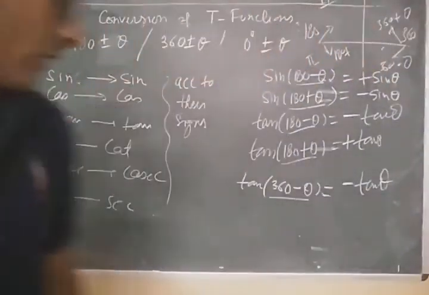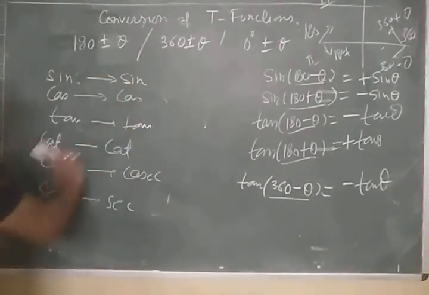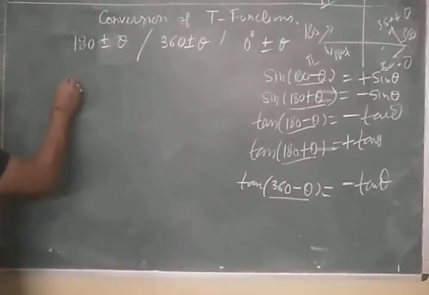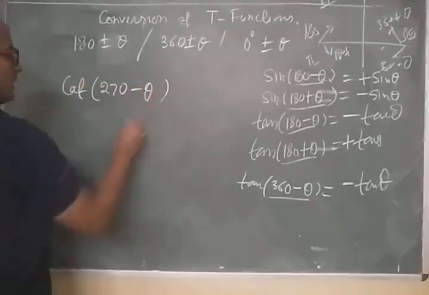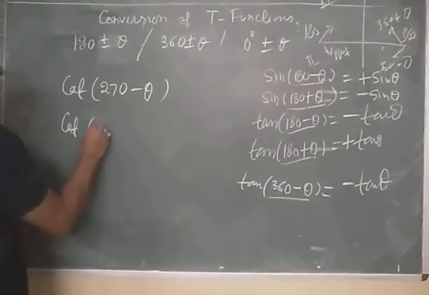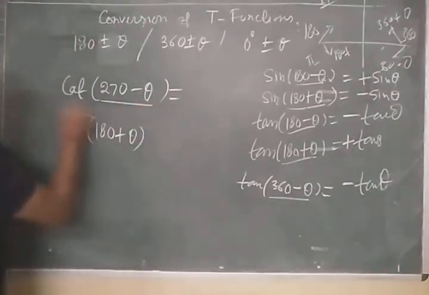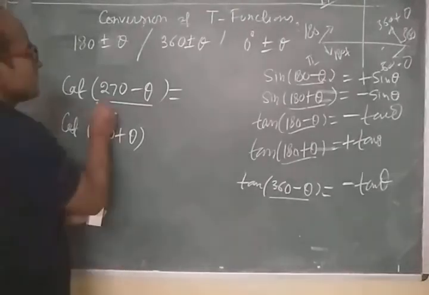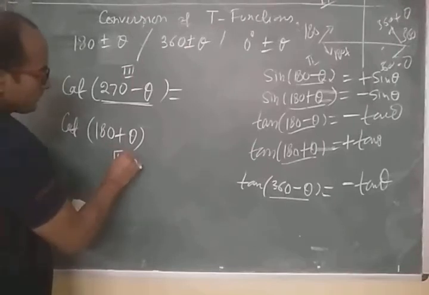So if I give you one or two questions, keeping this in mind, what is the value of cot(270 minus theta) and the value of cot(180 plus theta)? One is a vertical line. 270 minus means third quadrant, and 180 plus is also third quadrant.